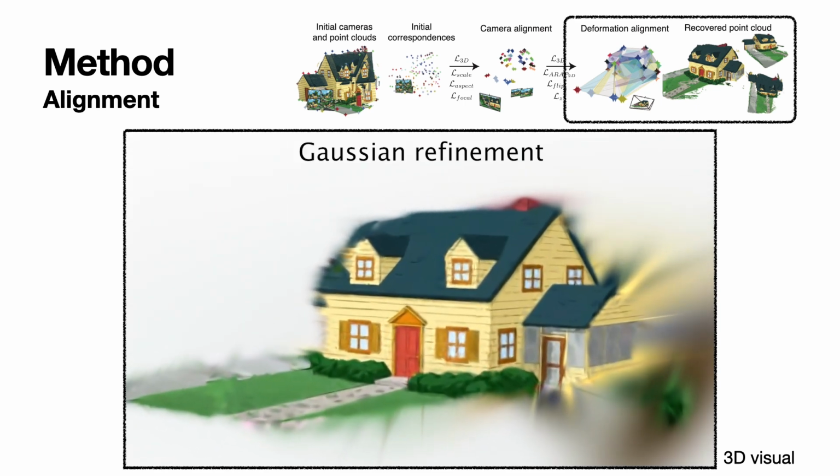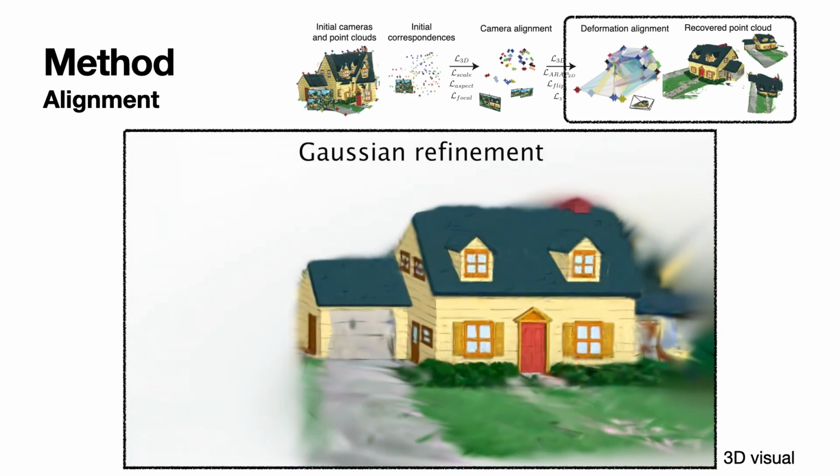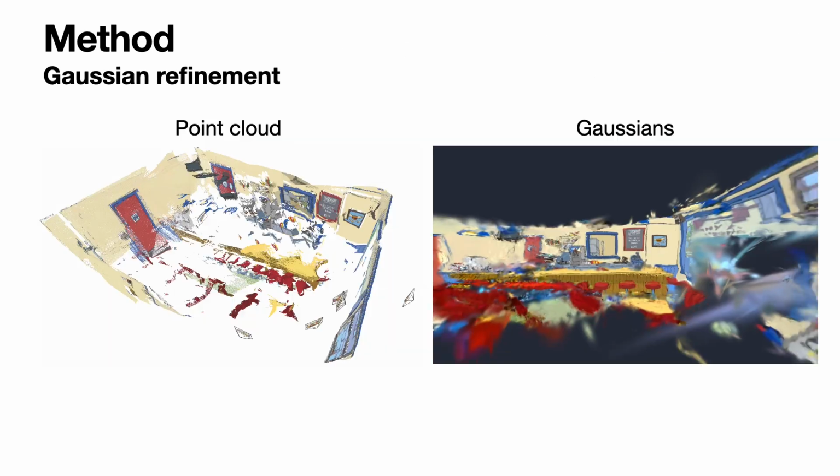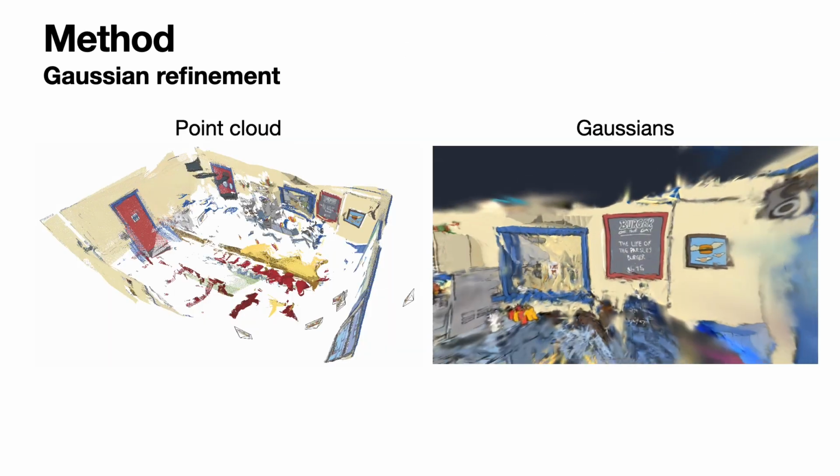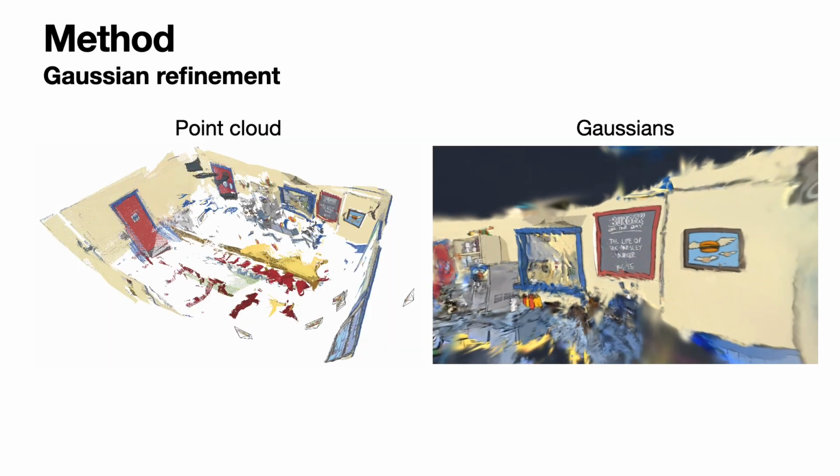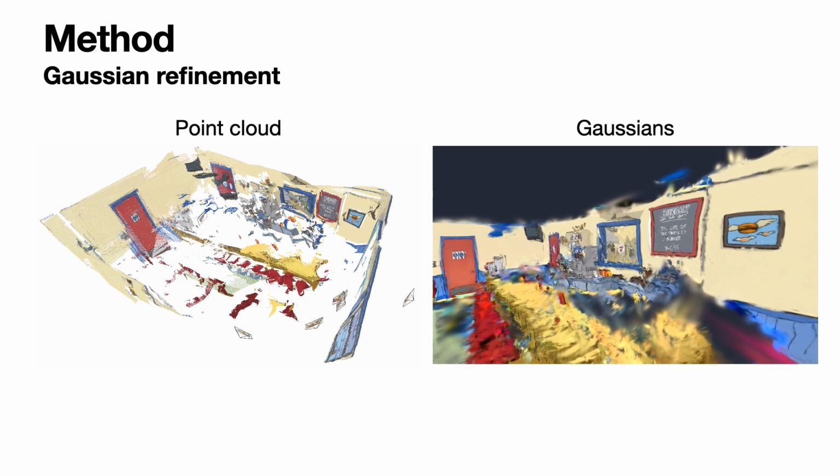Lastly, we initialize Gaussians with our point cloud and train Gaussian splatting with our warped images. Here are some results of our Gaussian splatting visualizations, with the point cloud shown on the left.